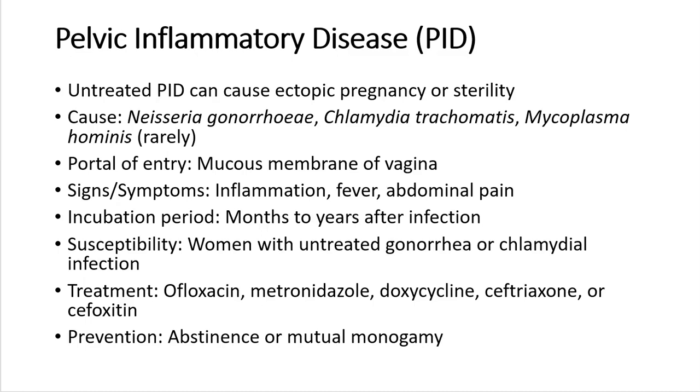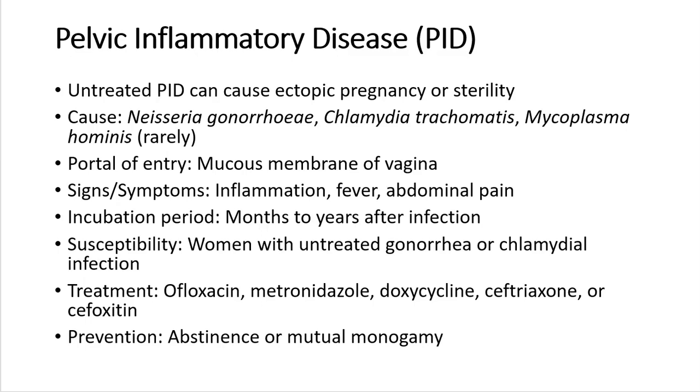Cause is obviously Neisseria gonorrhea, chlamydia, which is a major one, and then rarely mycoplasma. The portal of entry is the mucous membranes of the vaginal area. You get inflammation, fever, abdominal pain. The incubation period can be pretty long for some of these, depending upon what it is. The susceptibility is women with untreated gonorrhea or chlamydia infections.